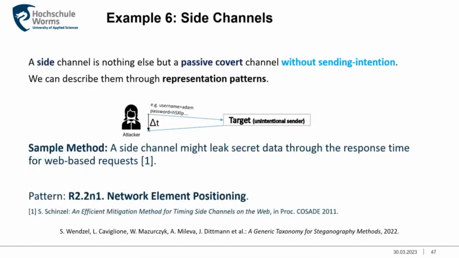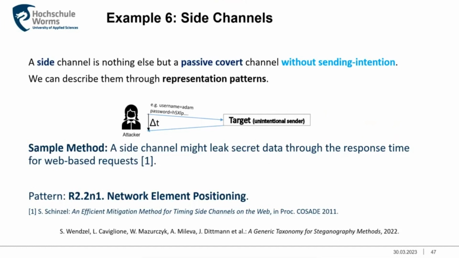Side channels. I picked an interesting one from Sebastian Schinzel. He had one side channel in, I think, 2011, where he sent lots of requests for a username to a website and measured the response time.